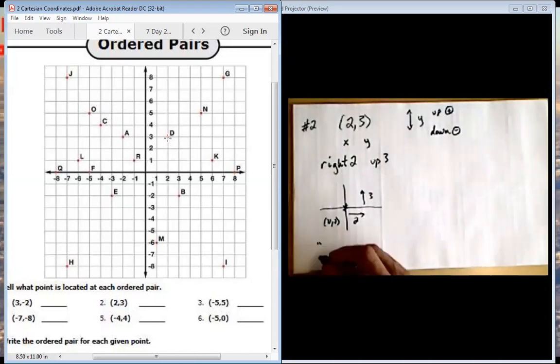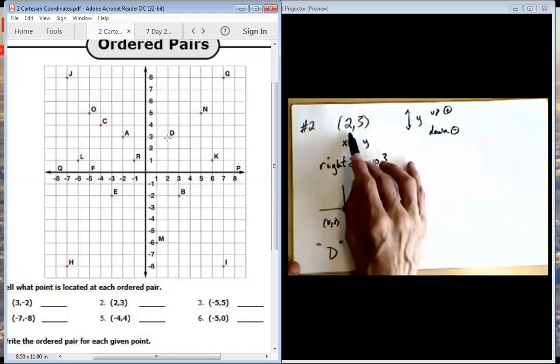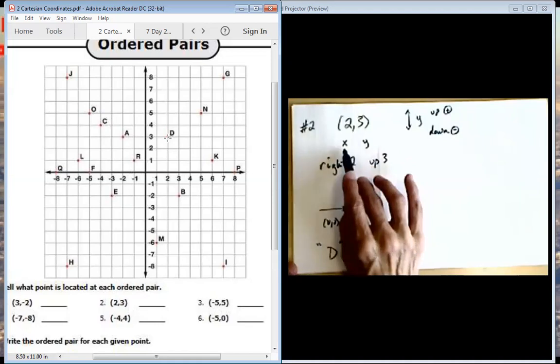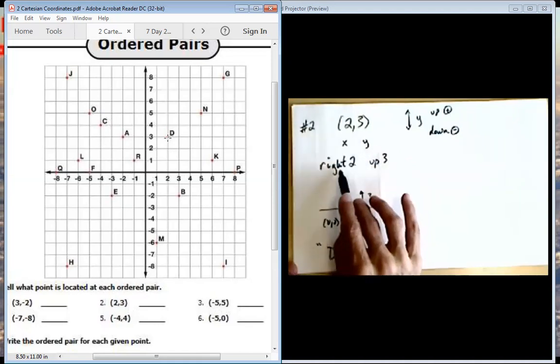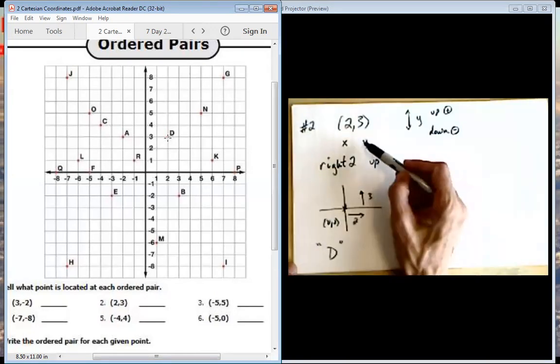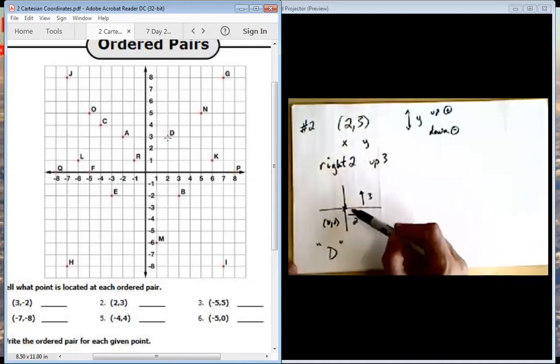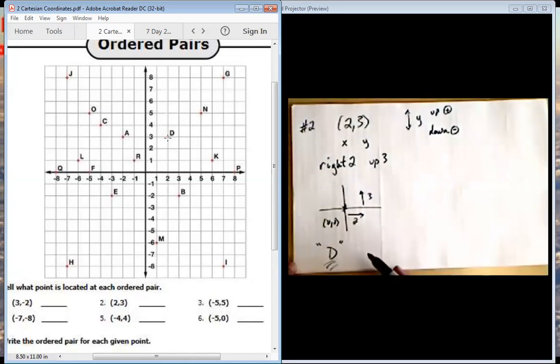See? It's going to be a letter D now then. Starts there. Plus 2 for the X direction, so we go right by 2. The second number is always for the Y direction, up or down. It's positive, so it goes up. Do what we just did. Over by 2, up by 3, boom. We're at D.